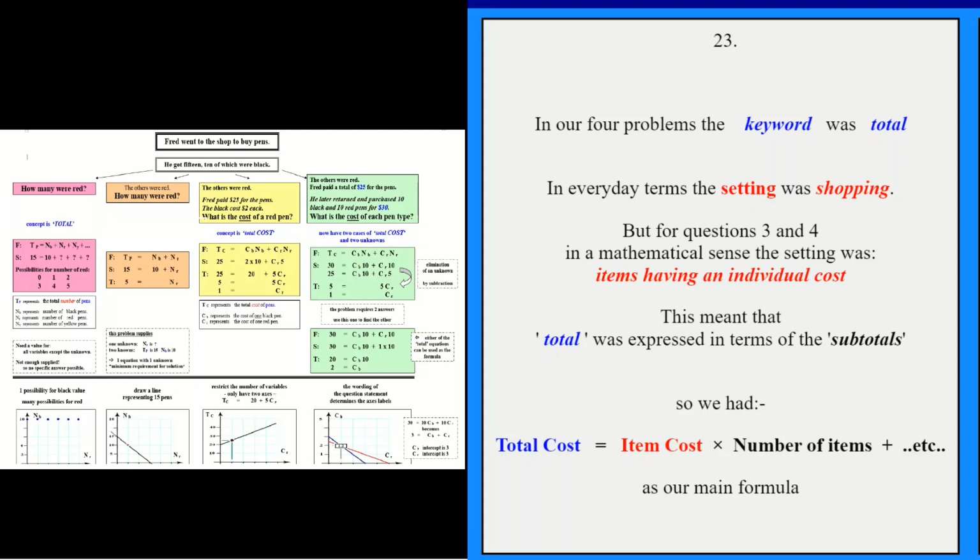This meant that total was expressed in terms of the subtotals. So we had total cost is equal to item cost by the number of items, and we have that for every type of item that's relevant. So that makes our main formula, total cost in terms of subtotals.